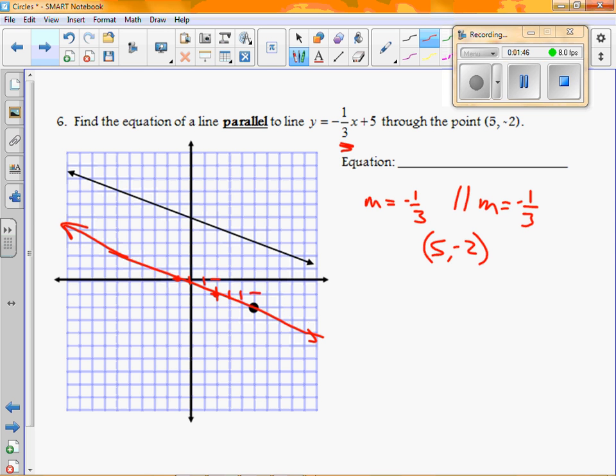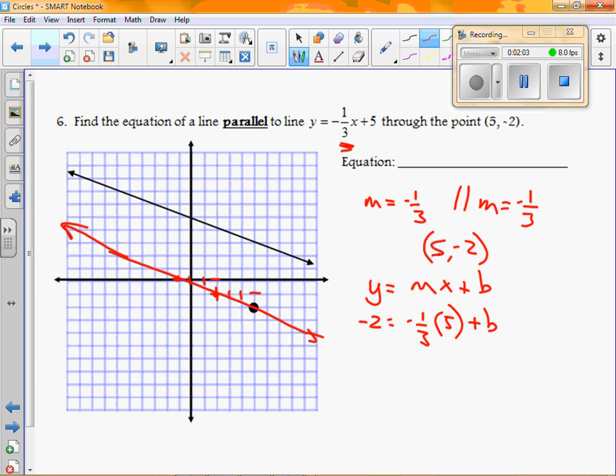If you remember, y equals mx plus b, I just substitute that in. So I substitute negative 2 in for that. My m is negative 1/3, my 5.